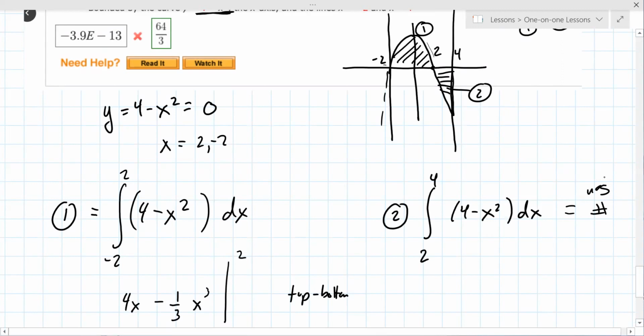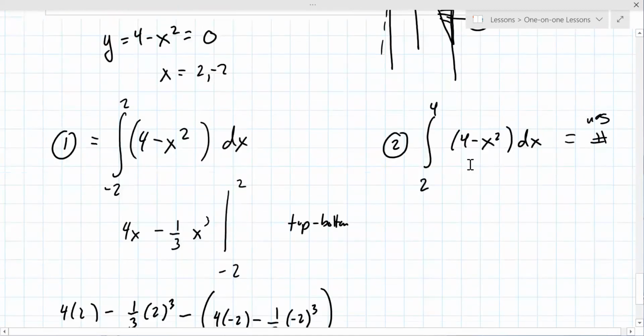I could explain in more detail what you could do to make it positive, but it would be better to just say if it's below the axis and you're integrating, you convert it from negative to positive. And the nice thing is it's the exact same integral, so if you did it right the first time, you got it here. So it's 2 to 4.